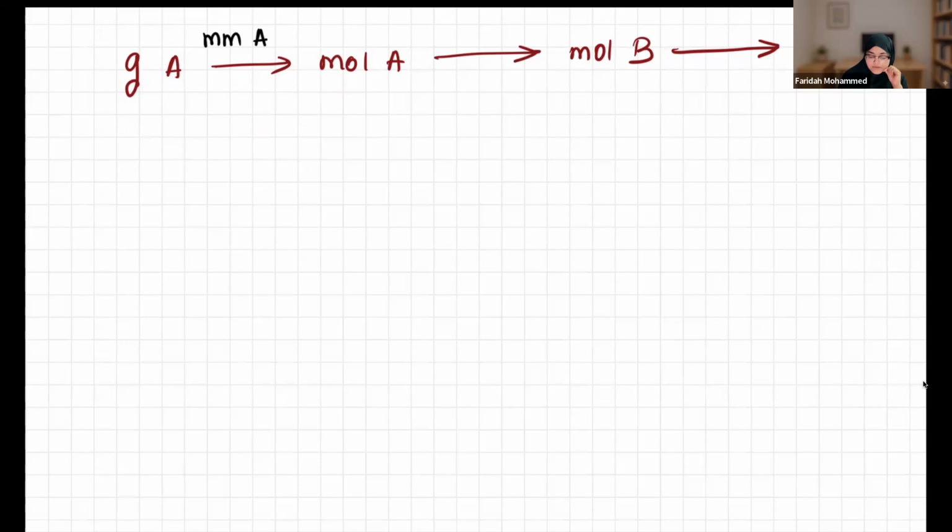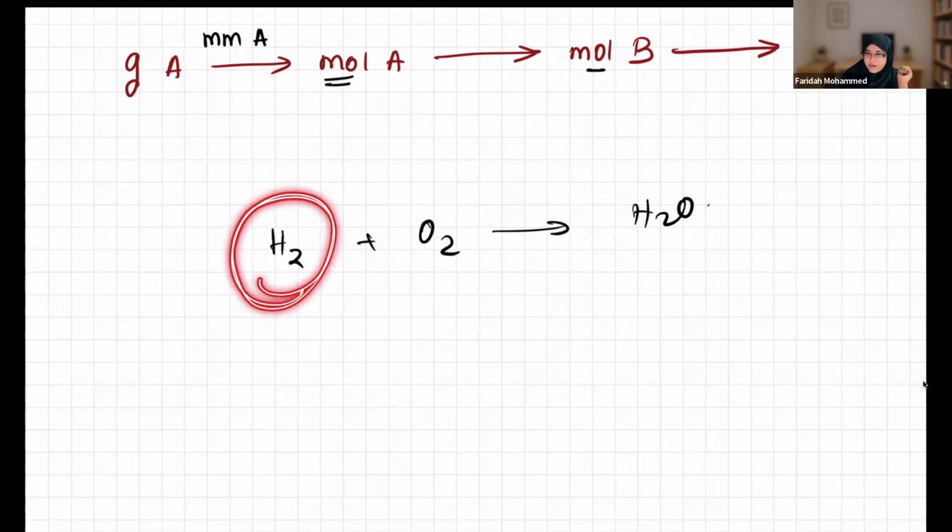Whenever you're going to go from moles of A, what is A and B? A is whatever identity they gave you. For example, H2 plus O2 becomes water. Now they're going to say, I have this much gram of hydrogen.